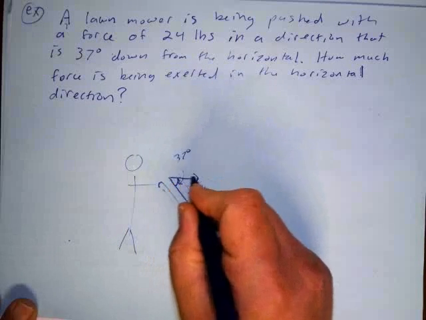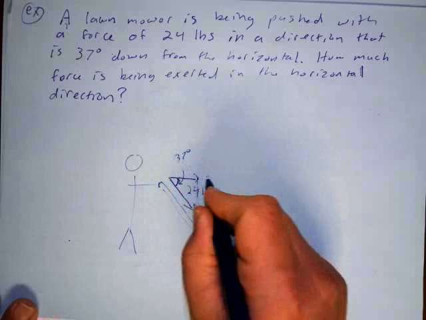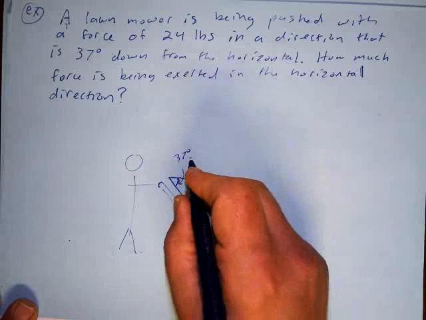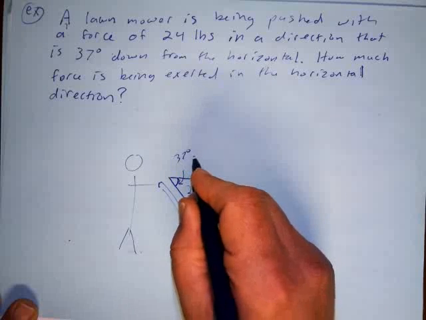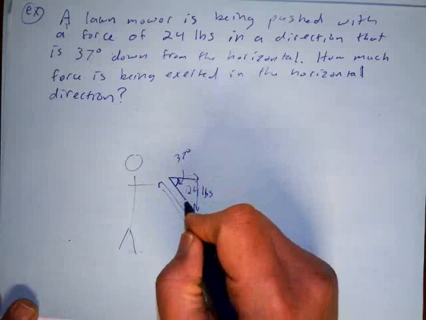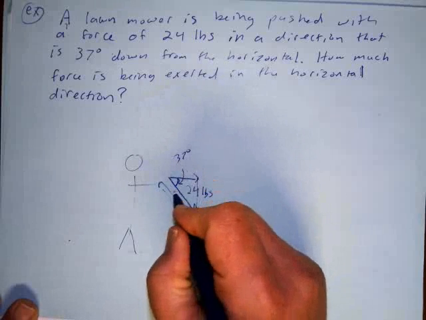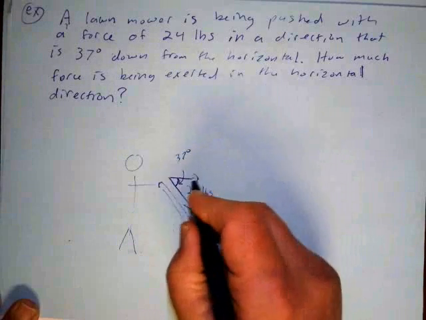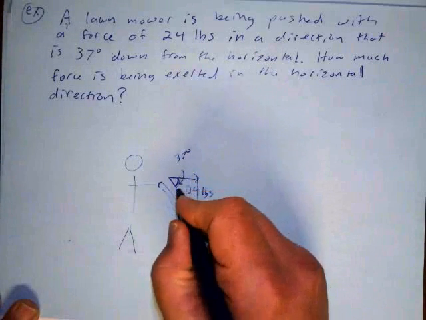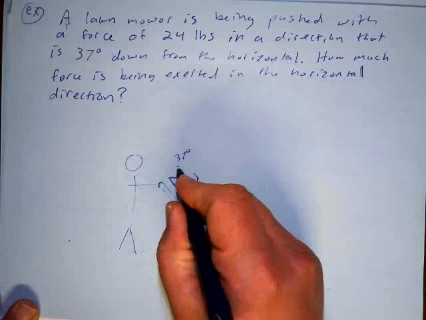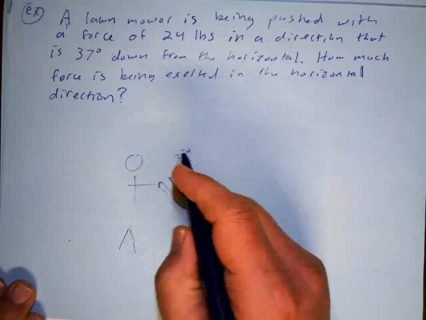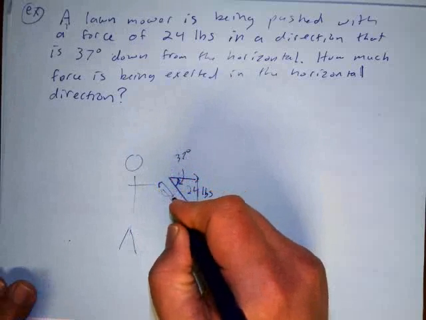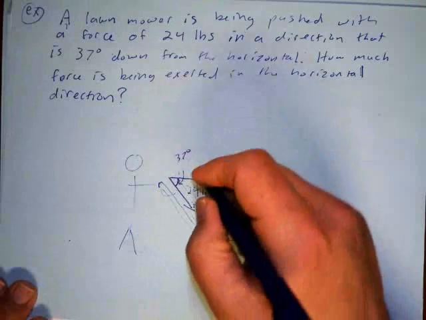That would give me the same cosine value, because the x coordinates are the same in the first quadrant and the fourth quadrant. So either way, you get the same horizontal component.